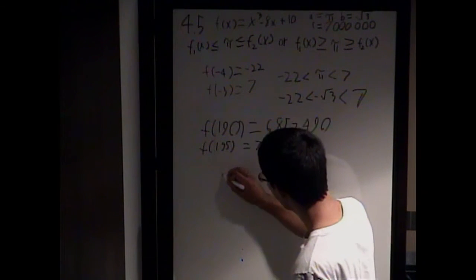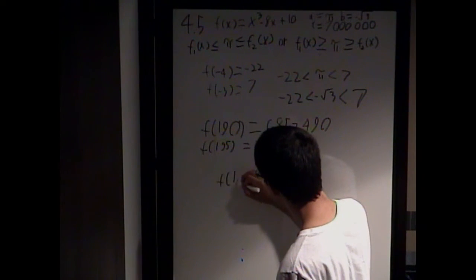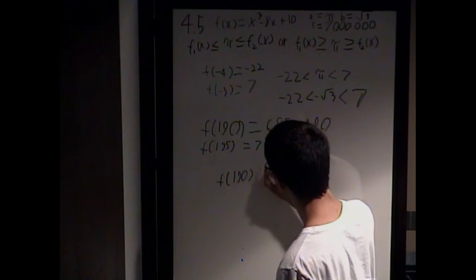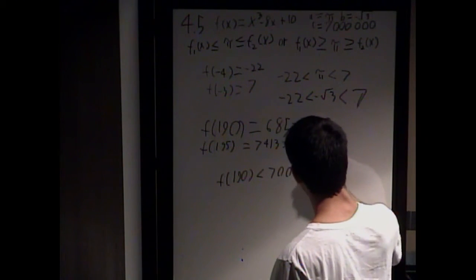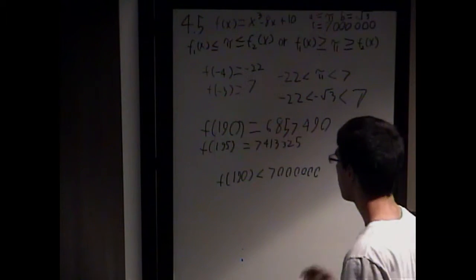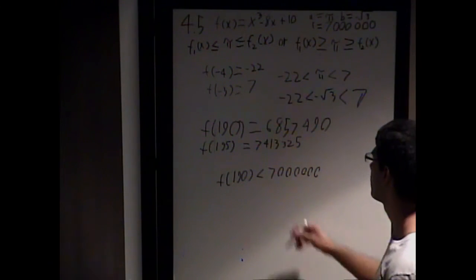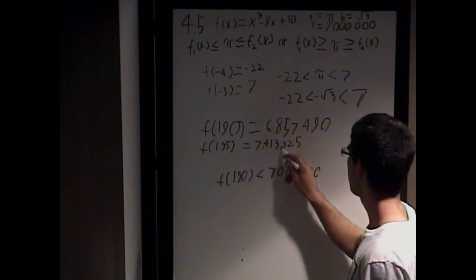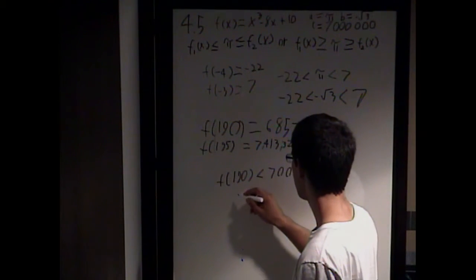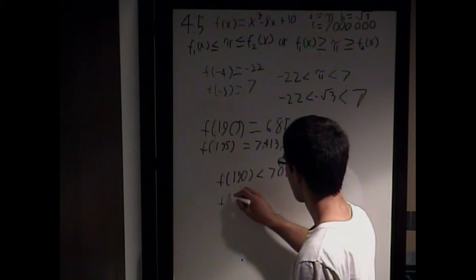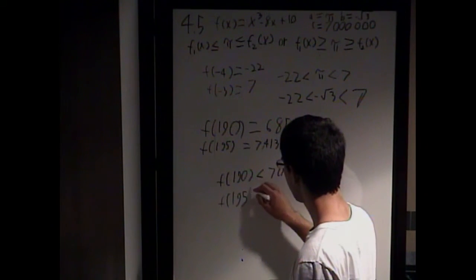Now we know that f of 190 is less than 7 million. But we also know that f of 195 is greater than 7 million.